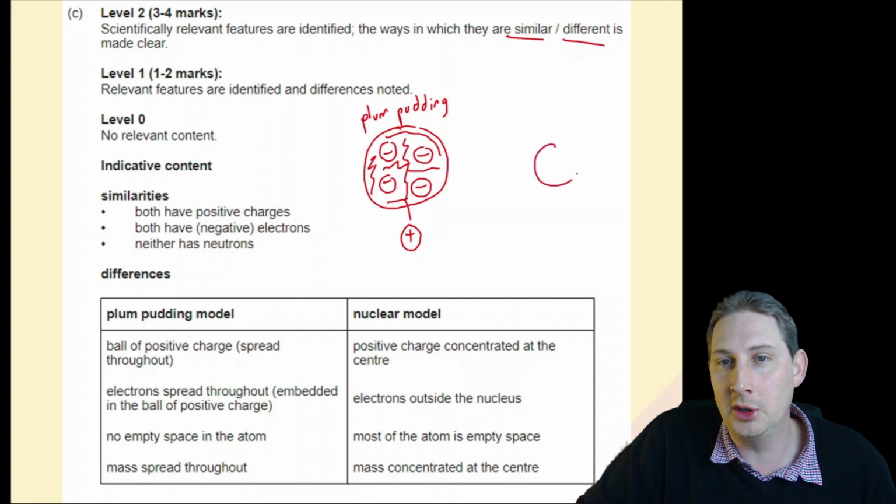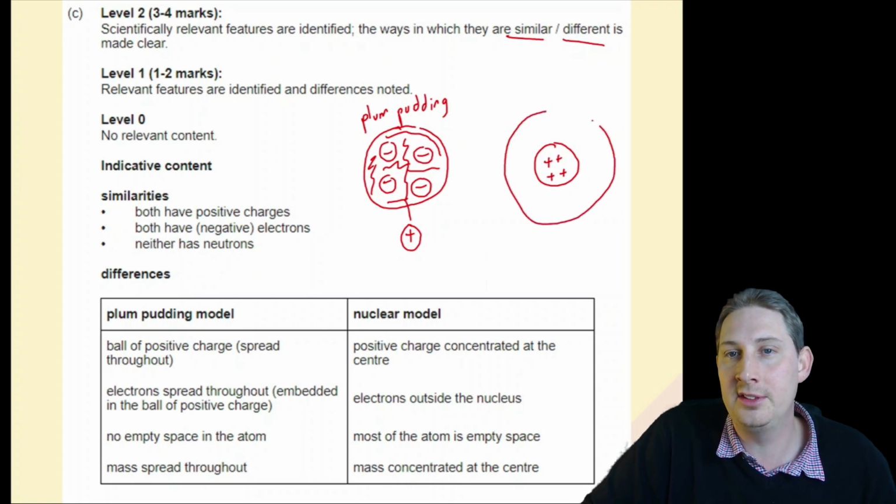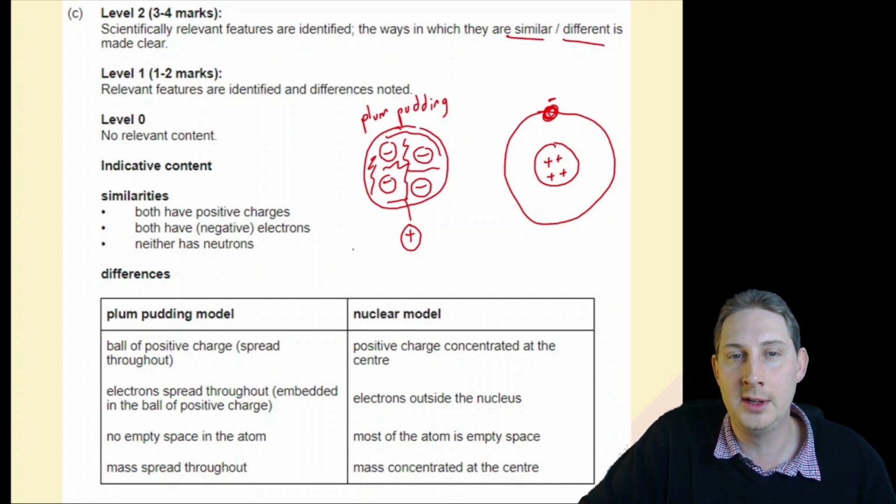The nuclear model had positive charge at the centre and the electrons orbiting round the outside. So how are they similar? Well, they both have a positive bit. They both have negative electrons.